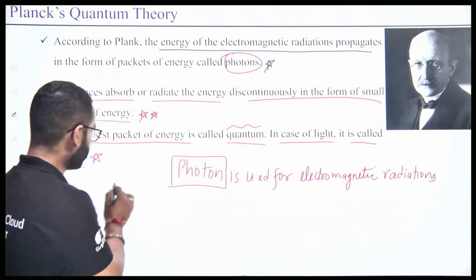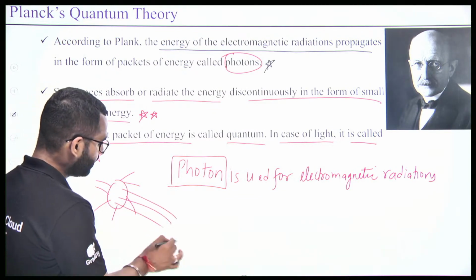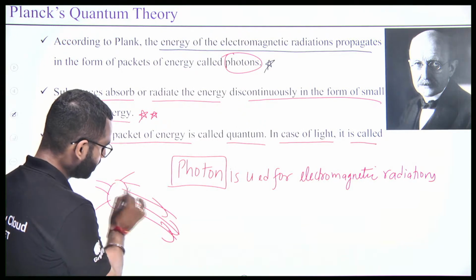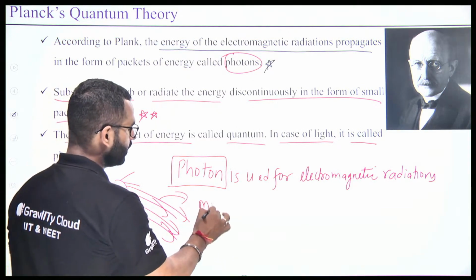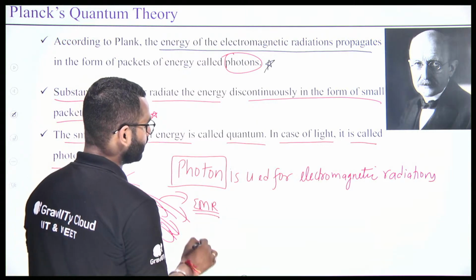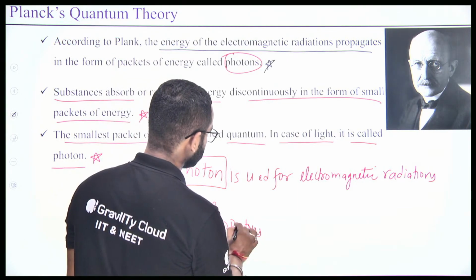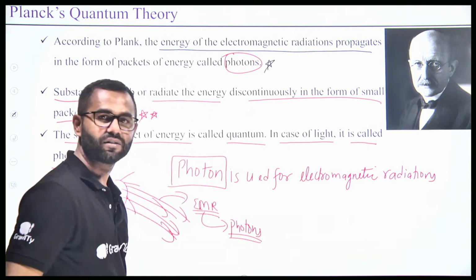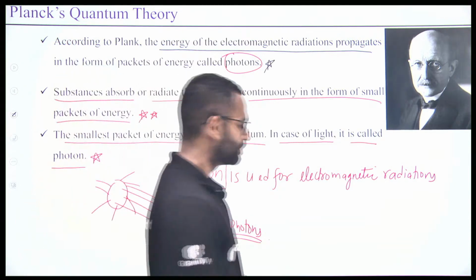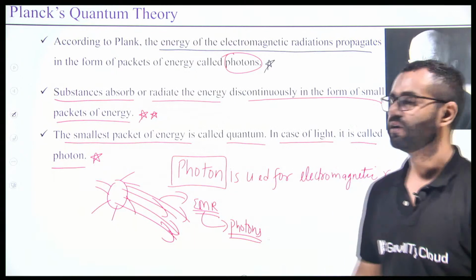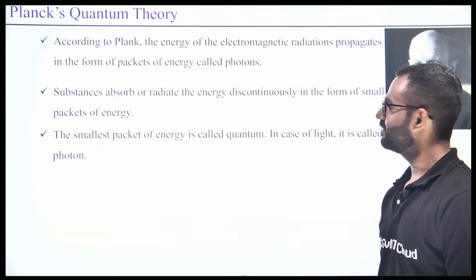But when it is the sun, and it radiates energy like this, it is the EMR. And this EMR contains energy in the form of photons. Understood now? Easy peasy, right?